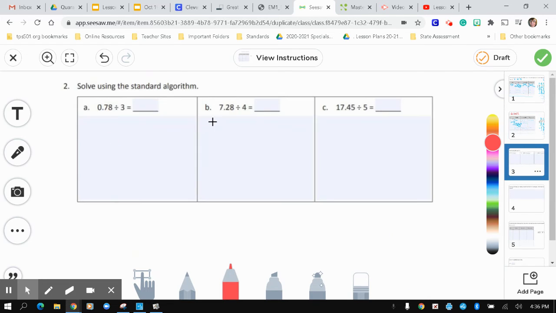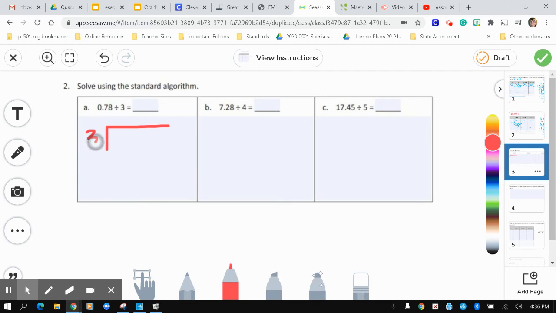All right, so you have 3 problems here that they would like you to solve using the standard algorithm. So I will help you put the first one into our standard algorithm. Our divisor, we're dividing by 3.